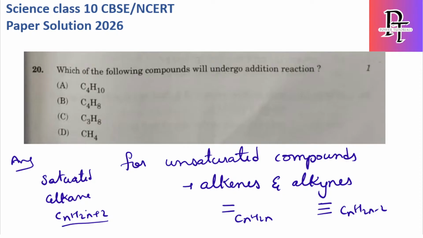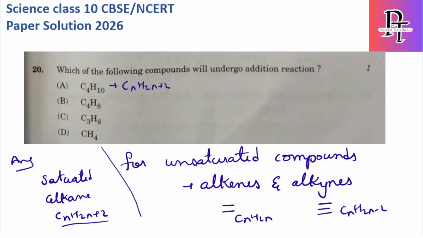Unsaturated compounds, as I mentioned, undergo addition reactions. What about saturated carbon compounds? They undergo substitution reactions. Let's see this one, C4, H2 into 4 is 8, so this belongs to CnH2n plus 2.